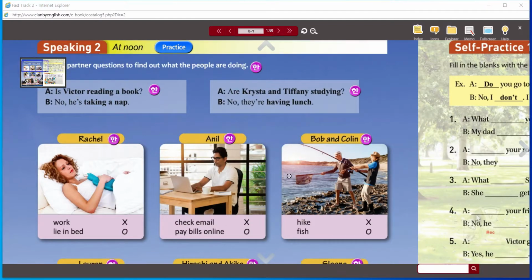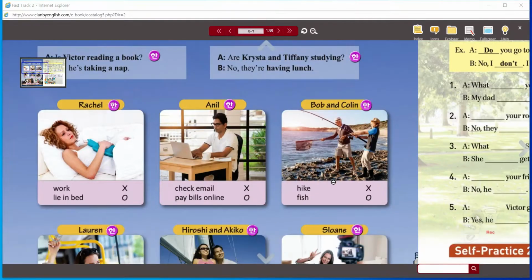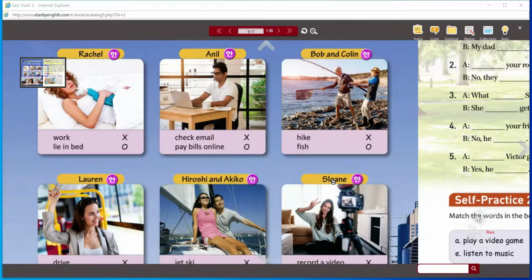I think from the picture, it's pretty obvious what they're doing. We're going to be asking about their activities. Are Bob and Colin hiking? The answer? No. They are fishing. They're fishing. Looking at the picture, I'm not sure who is Bob and who is Colin. But we don't have to ask about that.